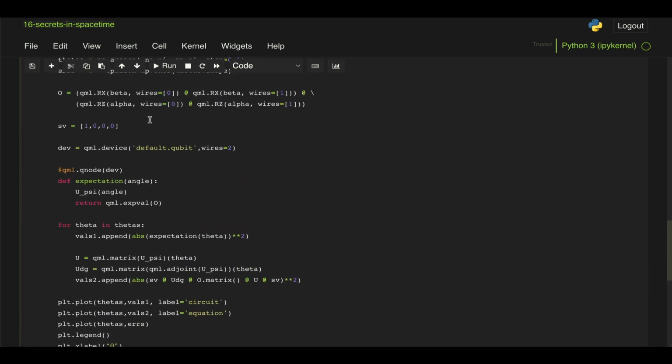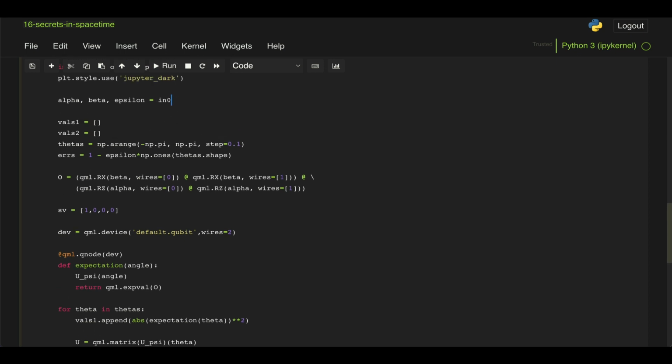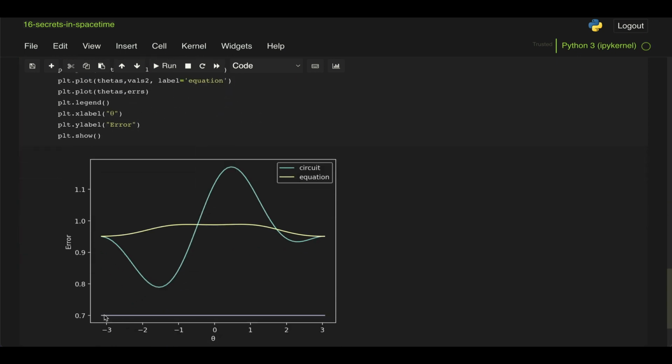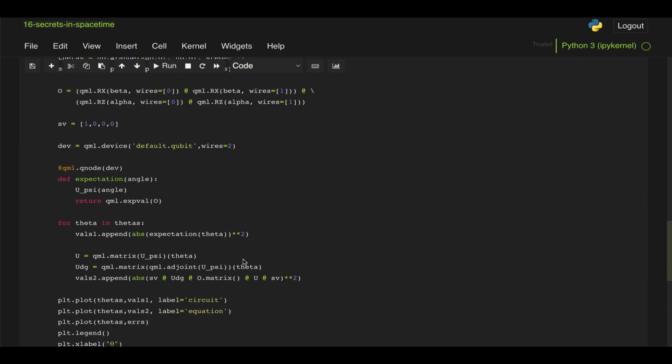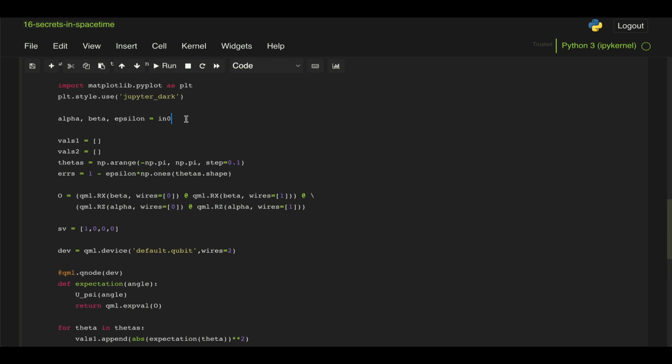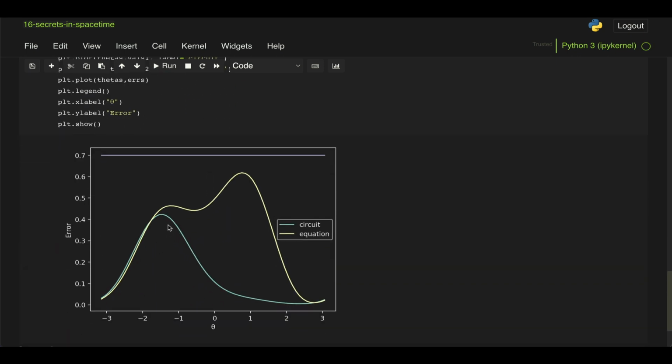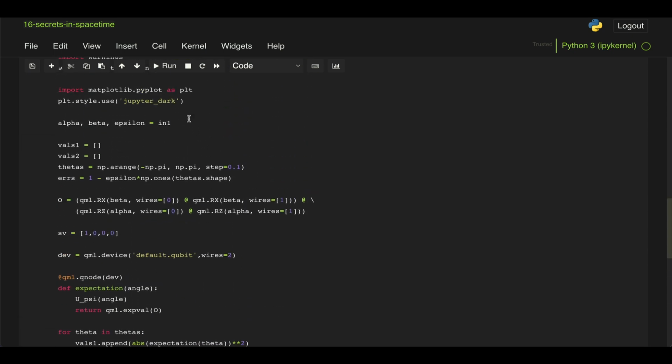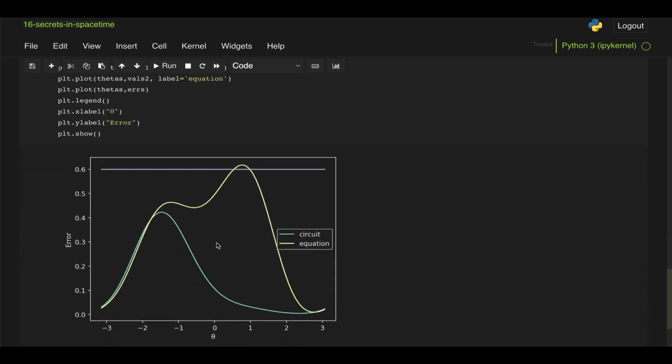So if I do here input 0, then we can see that both of them were passing because the 1 minus epsilon was below both of them. Same for input 1. Both of them were below that 1 minus epsilon, so they were both passing, right? They were getting the correct answer. But in the case of input 2, that's where, in the case of the equation, we get that the solution is not safe, whereas for the circuit, it's telling us it is safe.